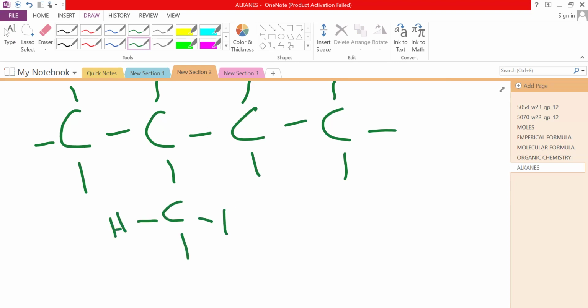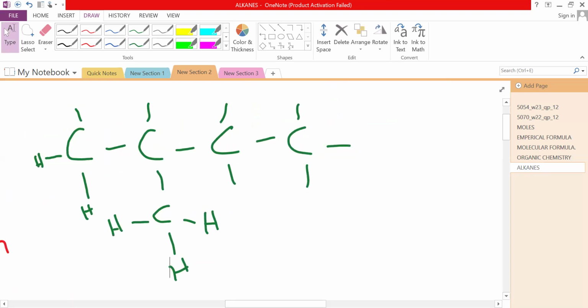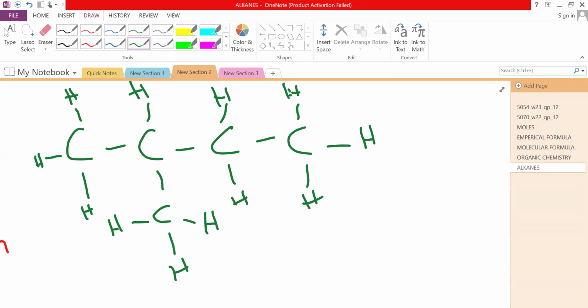And this is a methyl branch because there is only one carbon. Let me write all the hydrogens. It is necessary to write all the hydrogens, because if you forget to write them, your displayed formula would be incorrect.